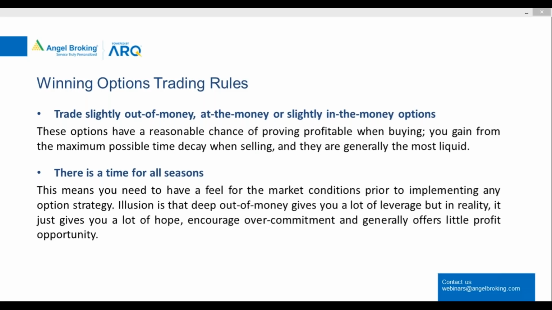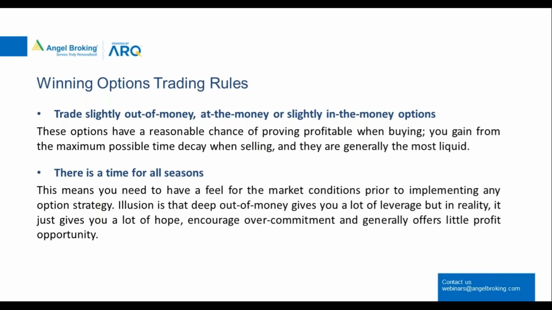Then the next question that comes is, which type of options should one ideally trade? One should look at trading slightly out of the money options, slightly at the money options or slightly in the money options, because these options have a reasonable chance of proving profitable when buying.